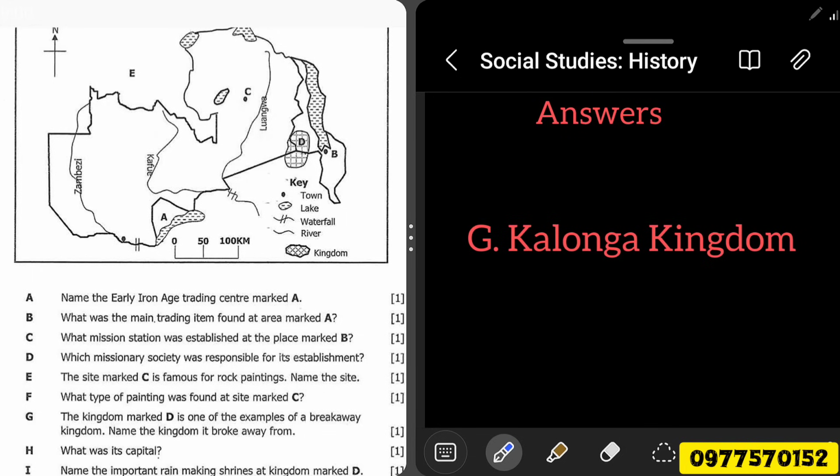So the answer there is the Kalonga kingdom. Then the next question: what was its capital? The capital of Undi, not Kalonga, was Mano.